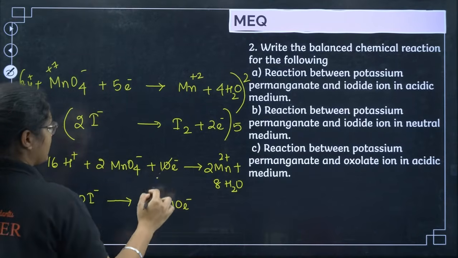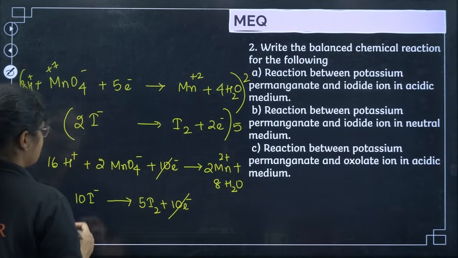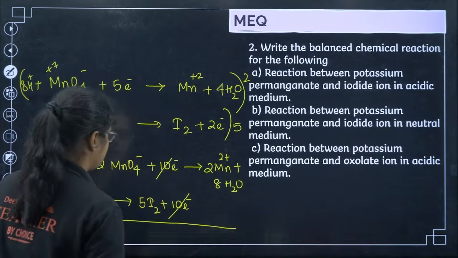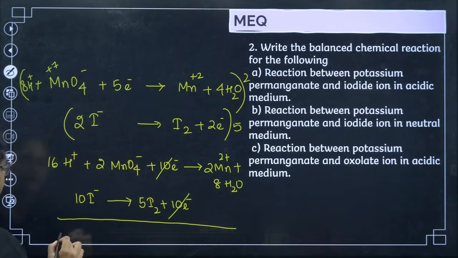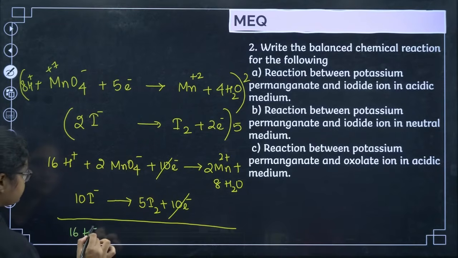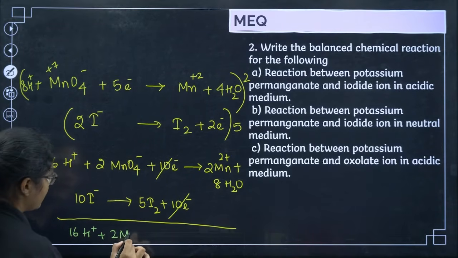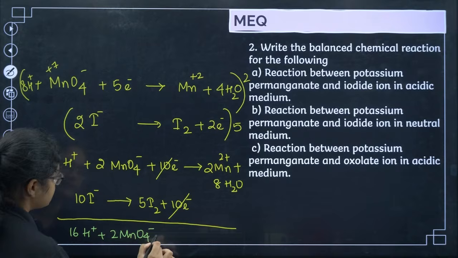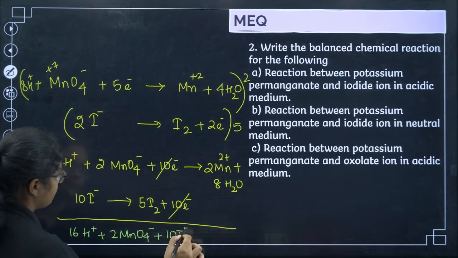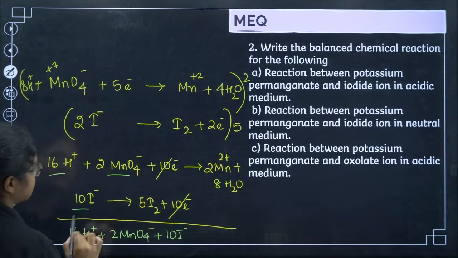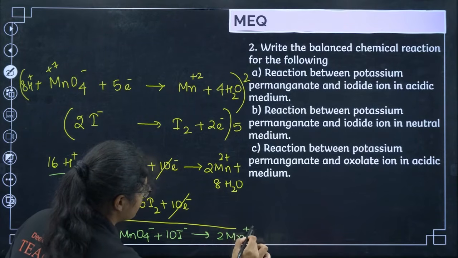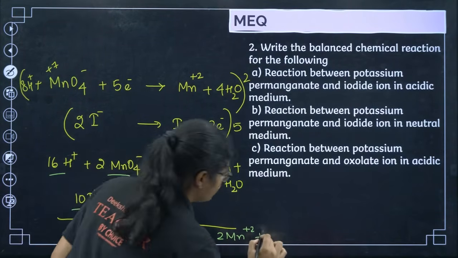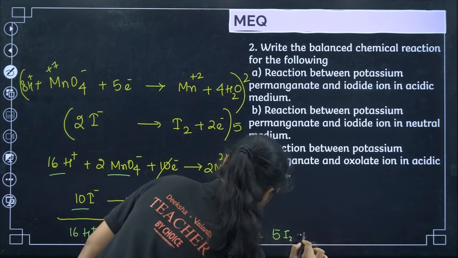So these 10 electrons will get cancelled. Now if I add these two, what will be the final equation? I'll have 16H plus, 2 MnO4 minus, plus 10 I minus. This side I have 2 Mn2 plus, 5 I2, plus 8 water.